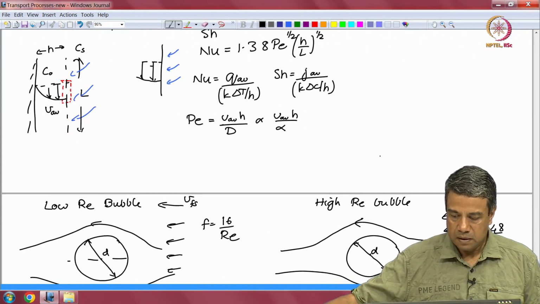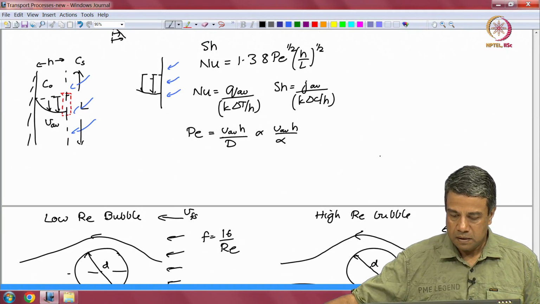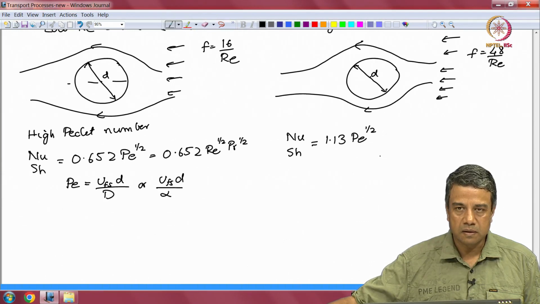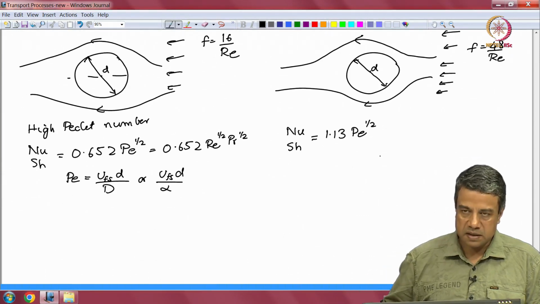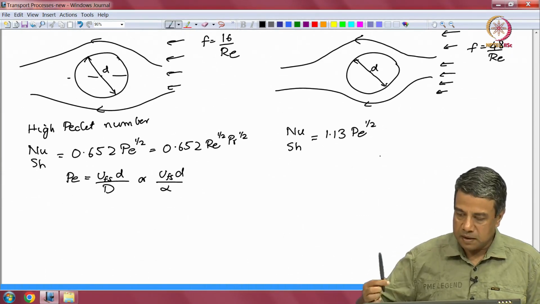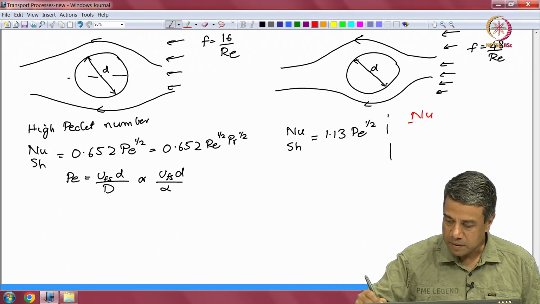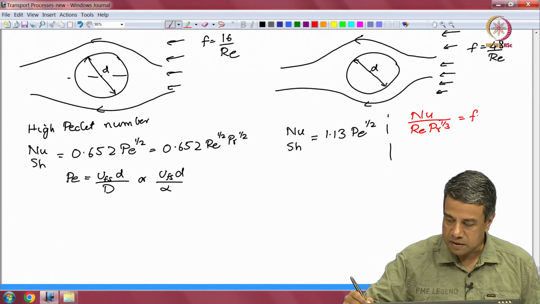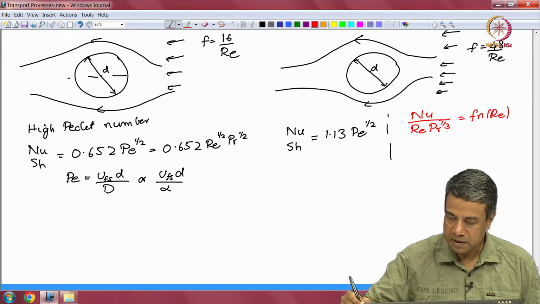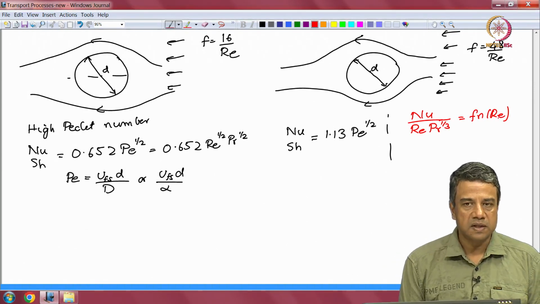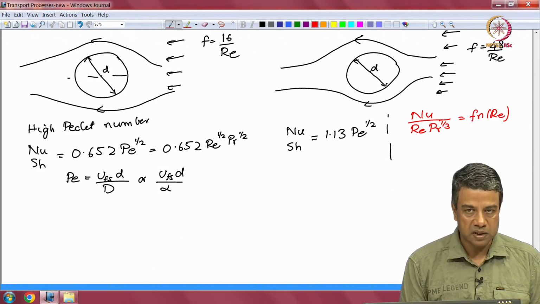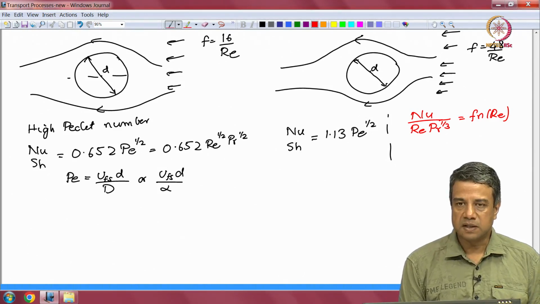Note that when we had discussed the Colburn analogy, I had said that the Nusselt number by Re times Pr to the 1/3 is equal to only a function of Re. And I had told you that this applies only to rigid surfaces, and you see the example of that here.